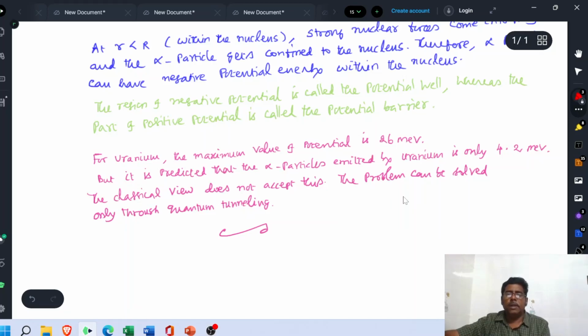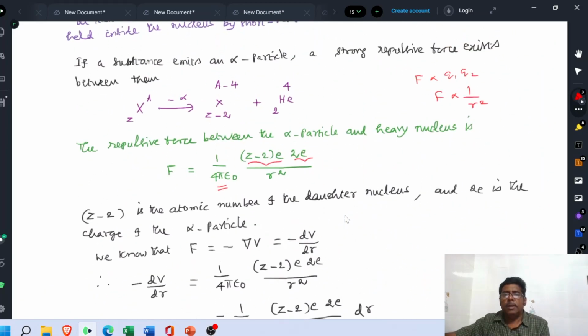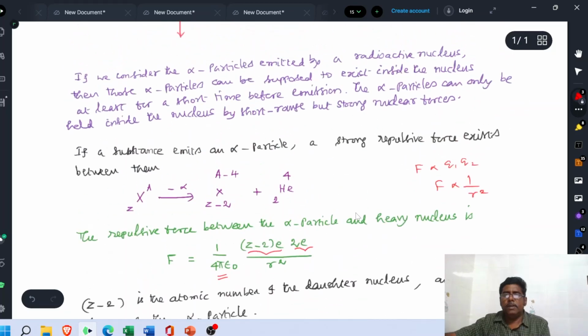However, the quantum aspect provides an excellent explanation for this puzzle on the basis of quantum tunneling. Here, the key factor is that if the size of the nucleus is large, the separation distances between the nucleons are more.